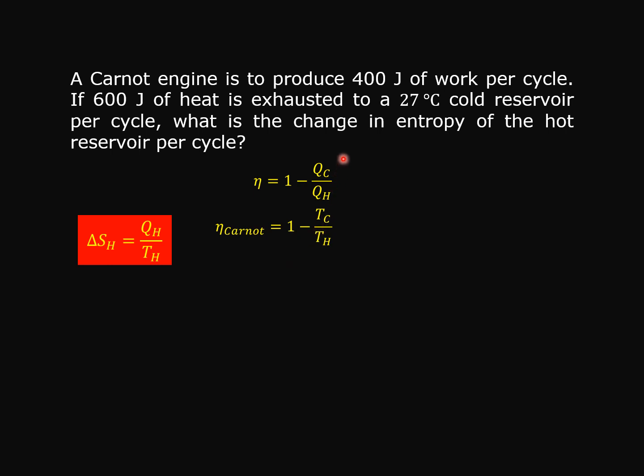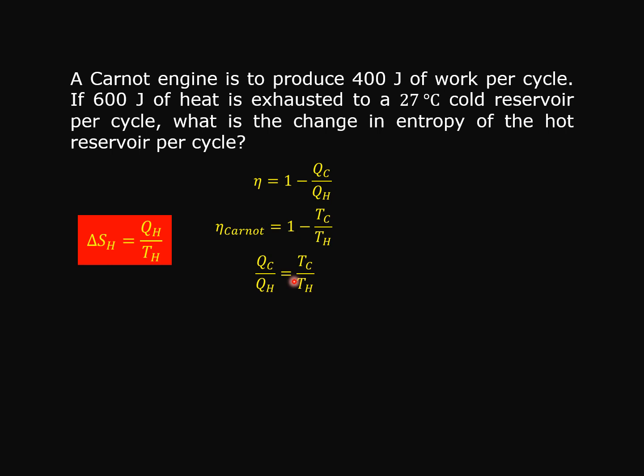Please bear in mind that the first formula is applicable to all types of heat engine, including the Carnot engine. And this one is a specific form for the thermal efficiency for Carnot engine only. It is not valid for other types of engine.